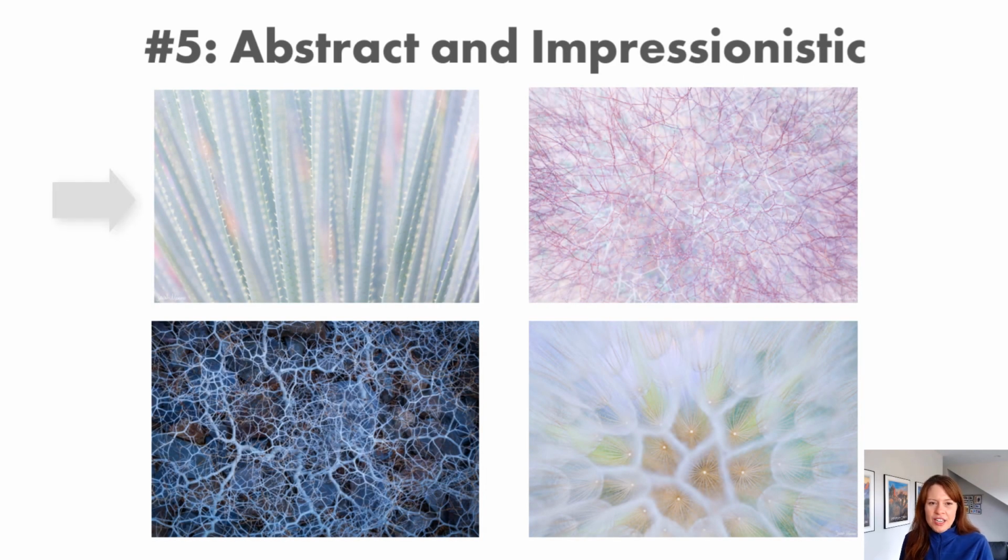Again, the desert spoon that I talked about earlier, and then these two plants that are opposite of each other look like networks. So this is, again, in both cases, a dormant plant, and then photographing the lines and the networks in a way that makes you think, so that's clearly a plant, but I have no idea what I'm really looking at. And then the example on the lower right, that's the same plant as the previous plant.